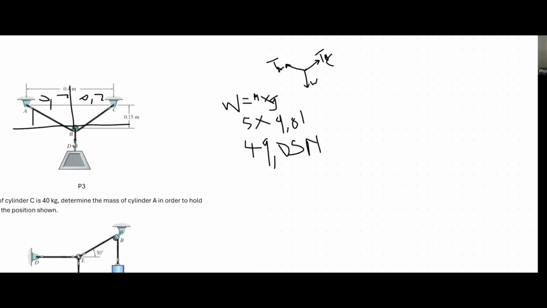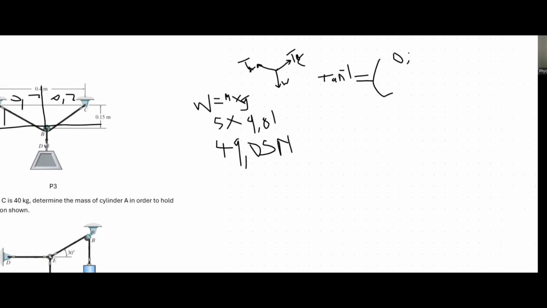So we're going to say tan theta equals 0.15 over 0.2.